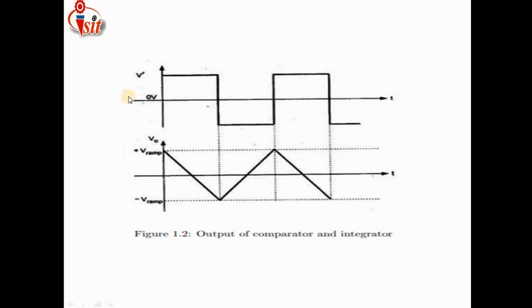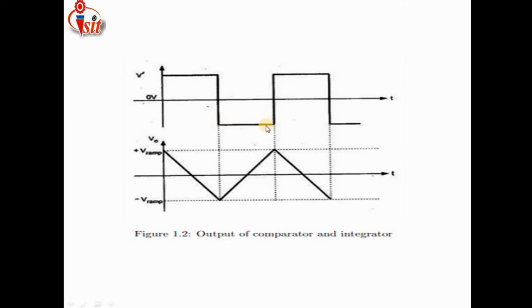Just see here, the input is given and it will produce the output accordingly. This is the rising period of the capacitor, and it remains steady for some particular time period, and then it slopes down from that steady position.